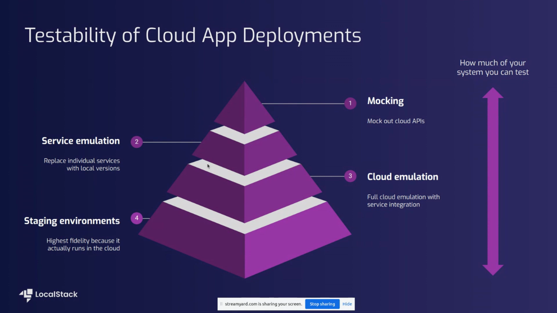You need to tell it how it should behave. On the next level, we'd have service simulation, where you replace one service with an actual local version of it. The layer below is then multiple of those things integrated with each other. Spoiler alert, that's where LocalStack is.